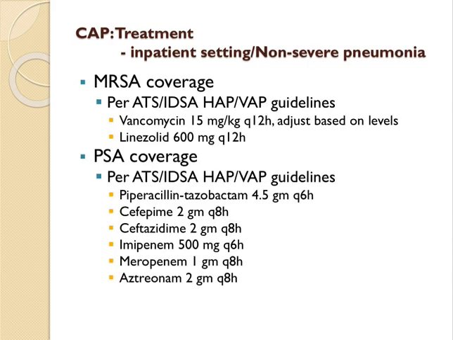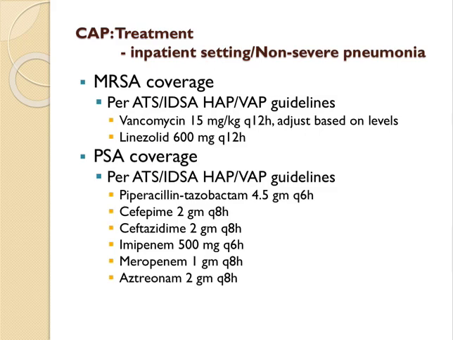If we determine that the patient does require MRSA coverage, for those patients, based on the recent HAP/VAP guidelines, we would go ahead and add either vancomycin or linezolid. I actually felt it was very interesting that ceftaroline was not included in here.